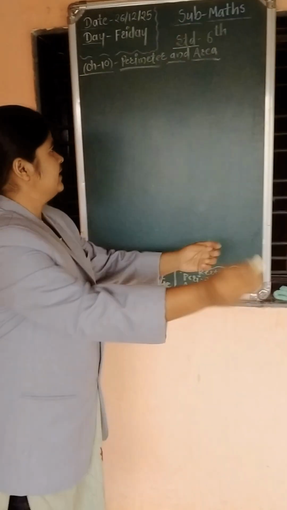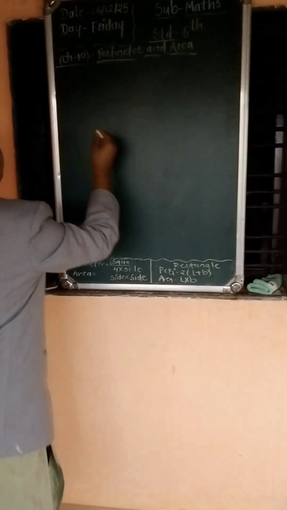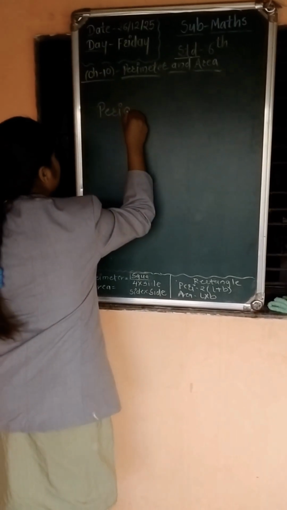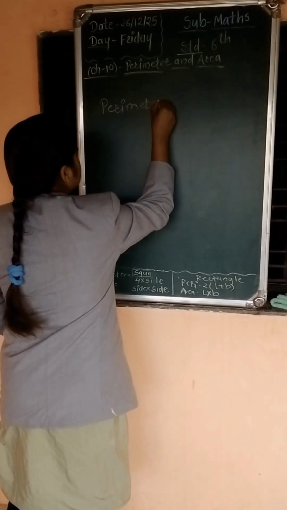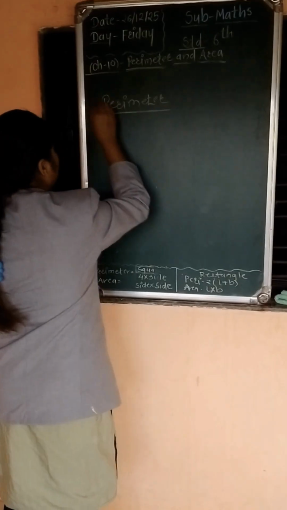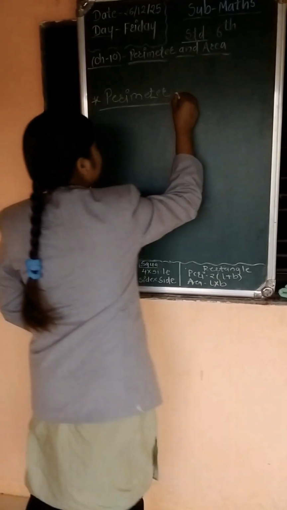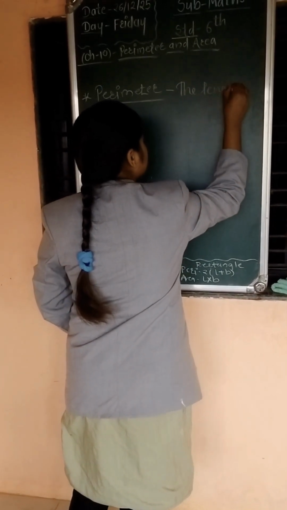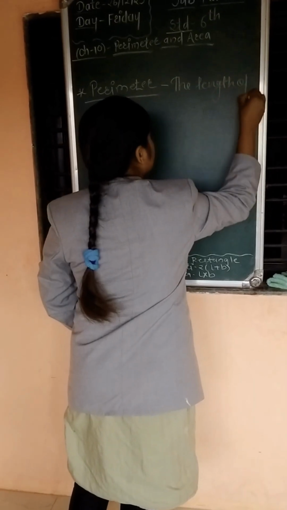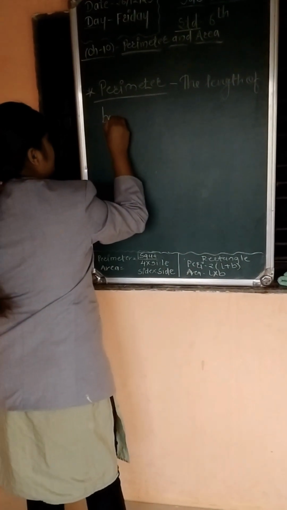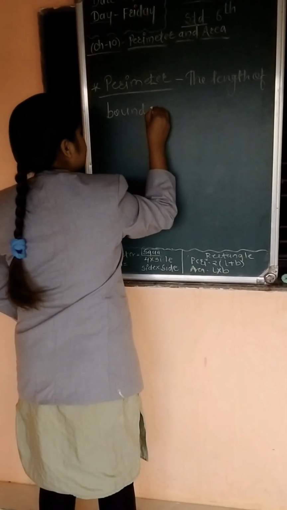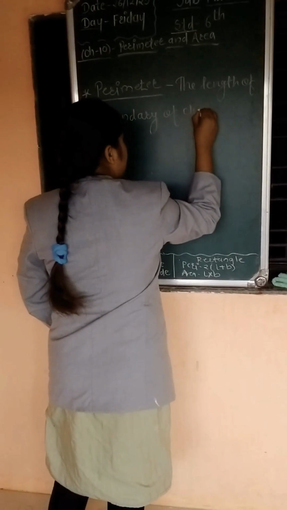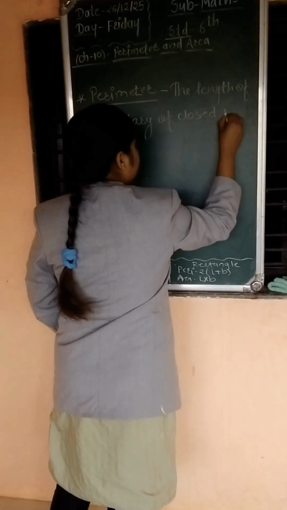So students, let's start with the definition of perimeter. Here I write down the perimeter. Perimeter means what? The length of the boundary of any closed figure.